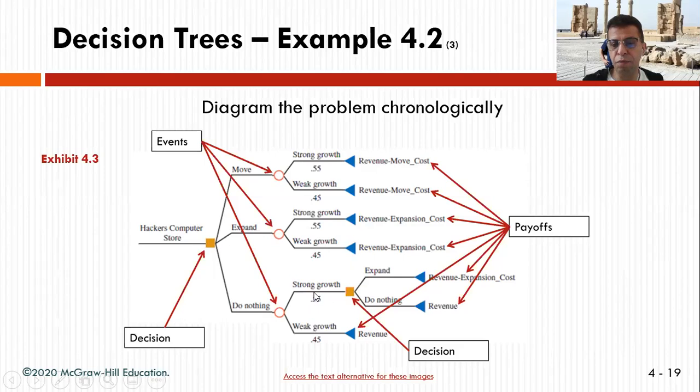And if you have big growth, 55%, then the decision is whether you expand or do nothing. And it seems to me that the decision comes in here, and the choice is here. Now let's see why the choice is to do nothing this year.